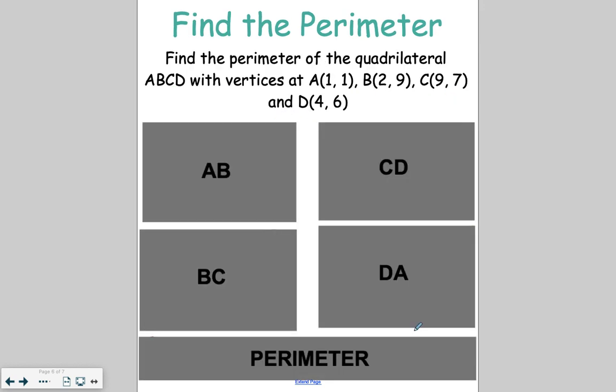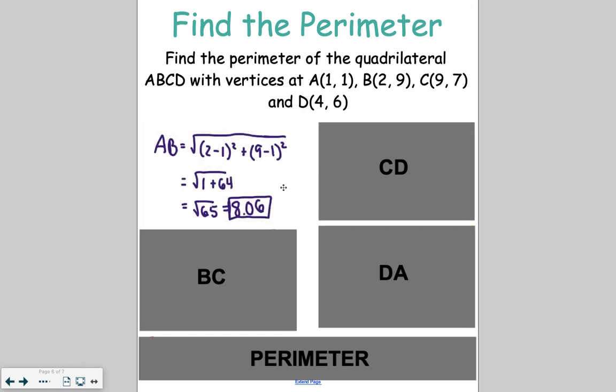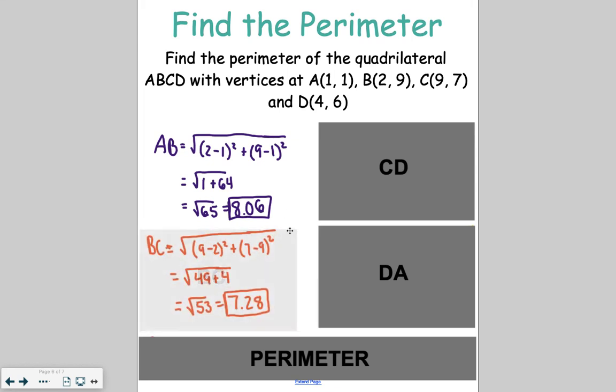Again, as I have you try this one on your own, I'm going to have you do this step by step. So first, I want you to find side AB. 8.06 is your answer there. Now we're going to find side BC. Your answer for that is 7.28.